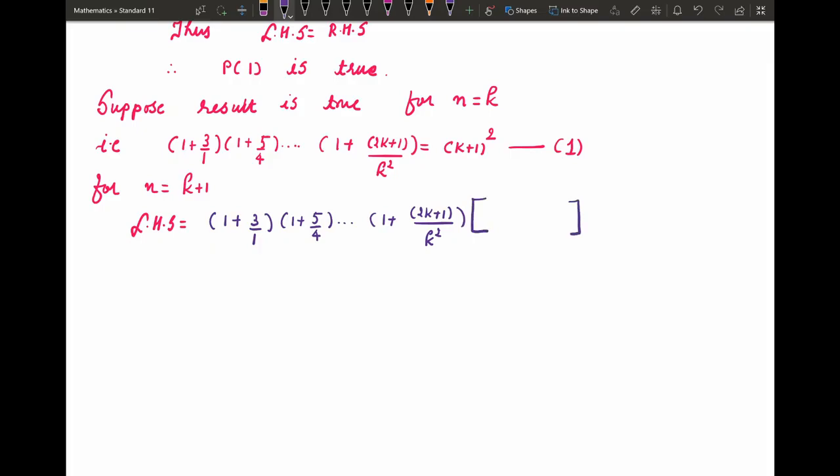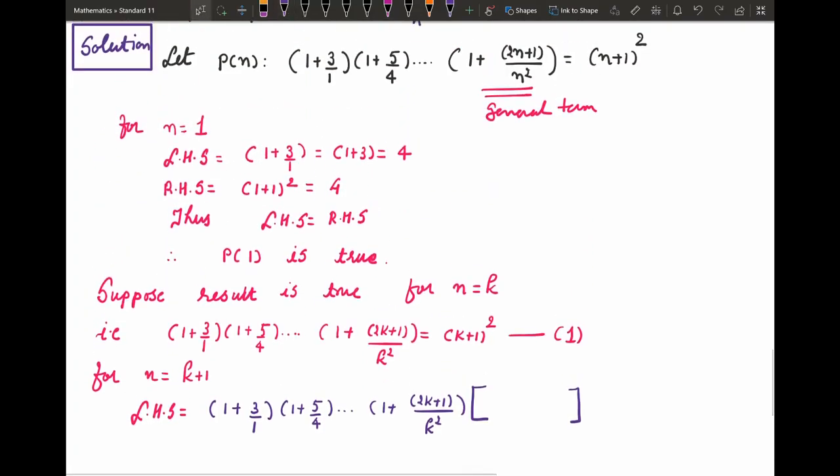So first k terms, and additional in the general term. In this general term you replace n by k plus 1. So you will get the k plus 1th bracket in the multiplication. Check this step: 1 plus 2 into (k plus 1) plus 1 upon (k plus 1) square.